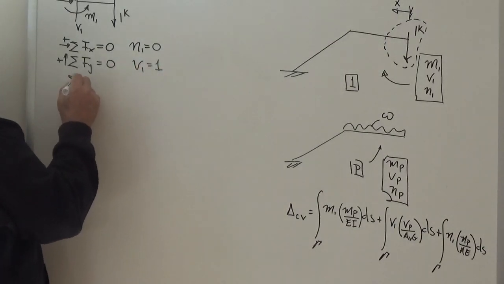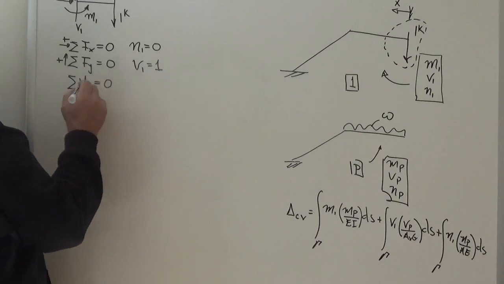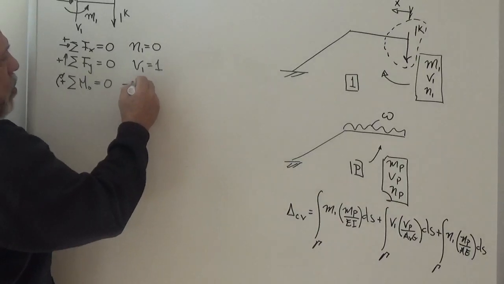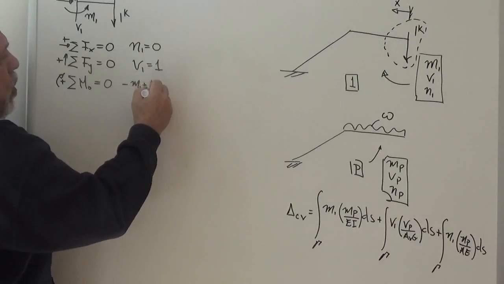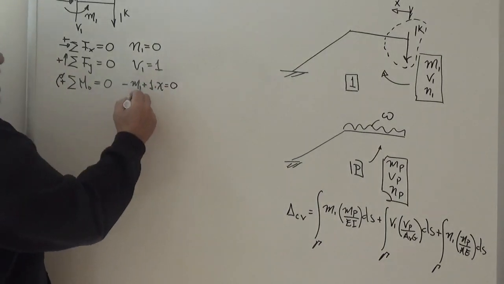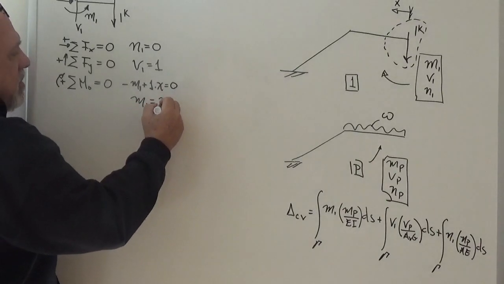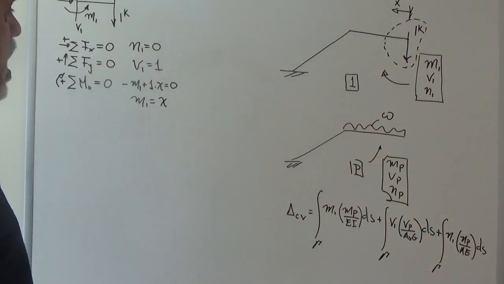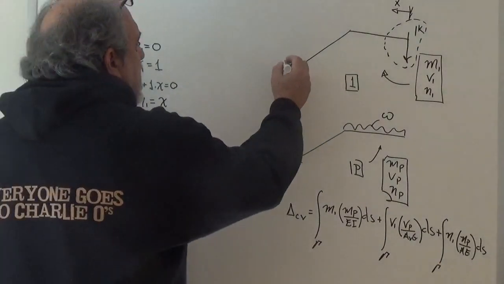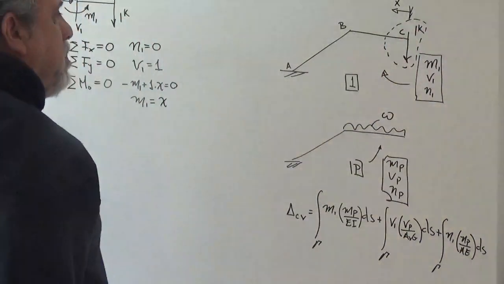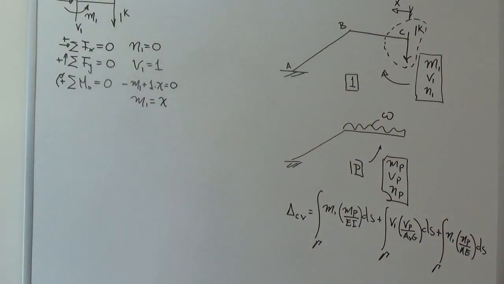And from the sum of the moments about O equal to 0, taking clockwise as positive, we conclude that minus M1 plus 1 times X is equal to 0. Therefore, M1 is equal to X. So we have succeeded computing on bar BC, that was A, B, C, the moment M1, V1, and N1.